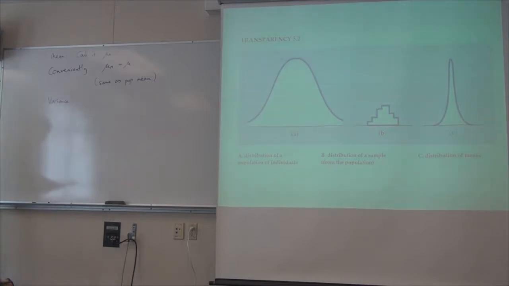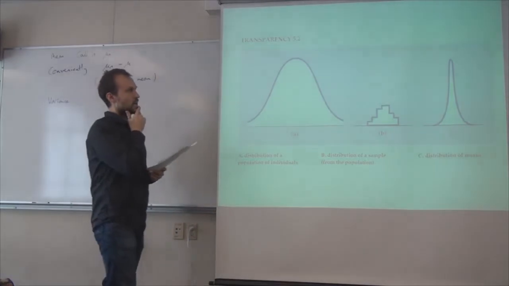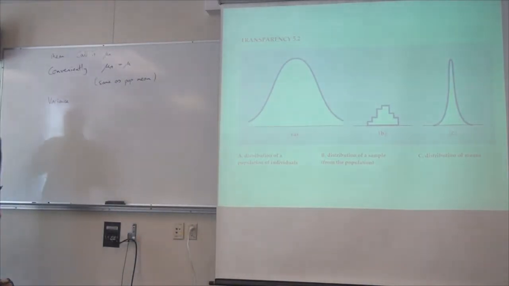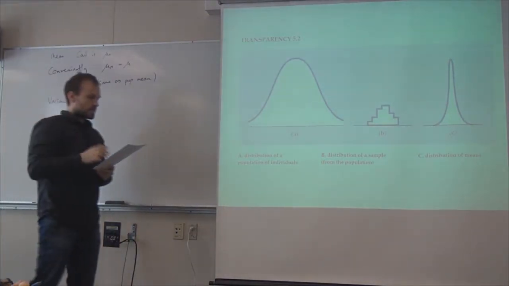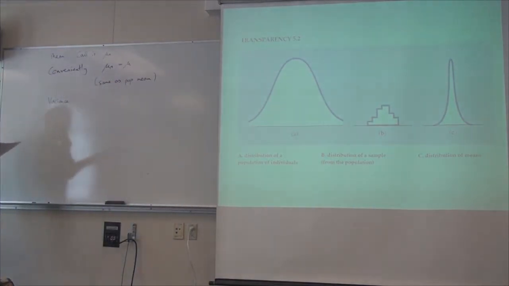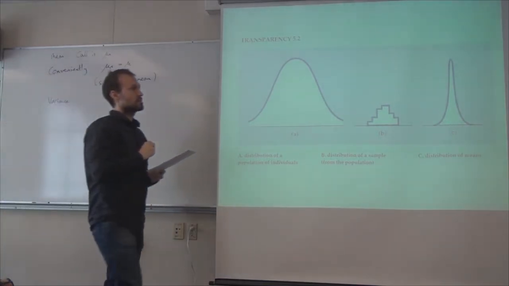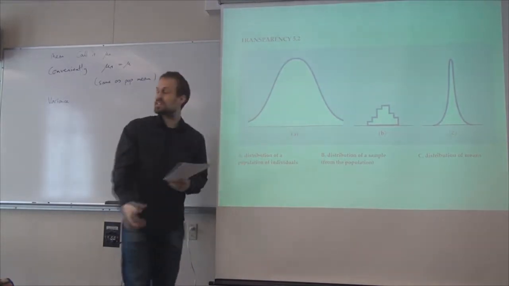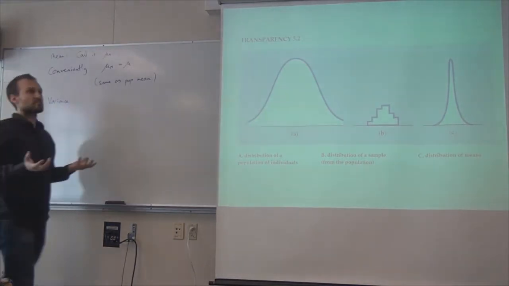So let's at least try and get a little bit of intuition for why I claim that the variance is going to be less. When I take a sample of 2 or more individuals, the variance is going to be smaller than if I just take one individual. And the more I take, I'm not going to see a lot of extreme values.